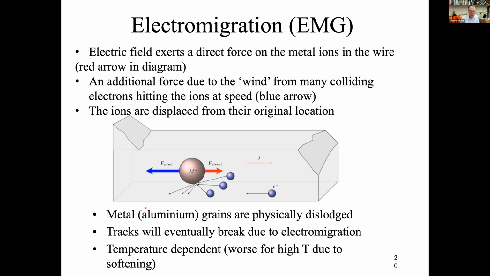Either the track can break because a section of it has just physically moved and become disconnected from the other sections, or else if you get this electromigration, then the two tracks can actually end up touching each other. So electromigration is worse at high temperatures. So if you have a hot spot on the wire in your chip, then you will have a worse problem.